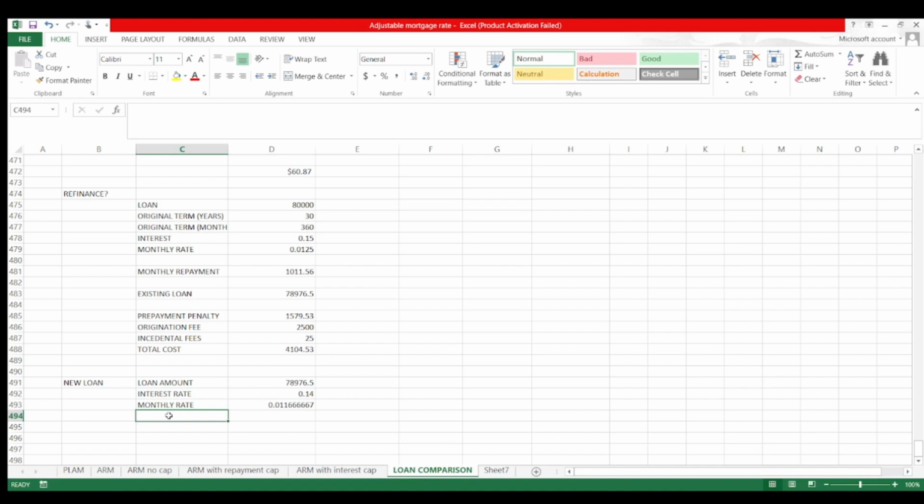Now we also need the loan term. Since we have already covered 5 years of the 30-year loan, the remaining period is 25 years. For the months, we simply multiply that by 12.